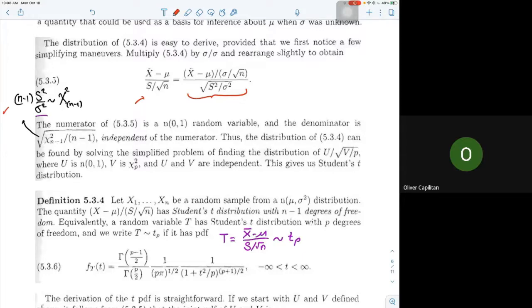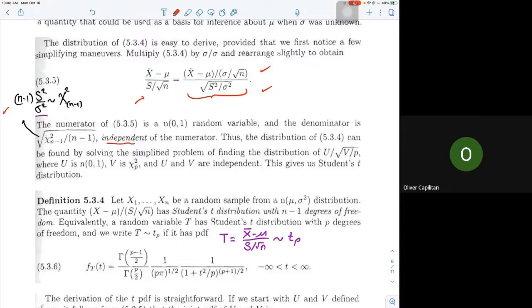And these two random variables are independent, because the numerator is a function of our sample mean and the denominator is a function of our sample variance, and we know already that the sample mean and sample variance are independent. So functions of independent random variables are also independent. That is true.